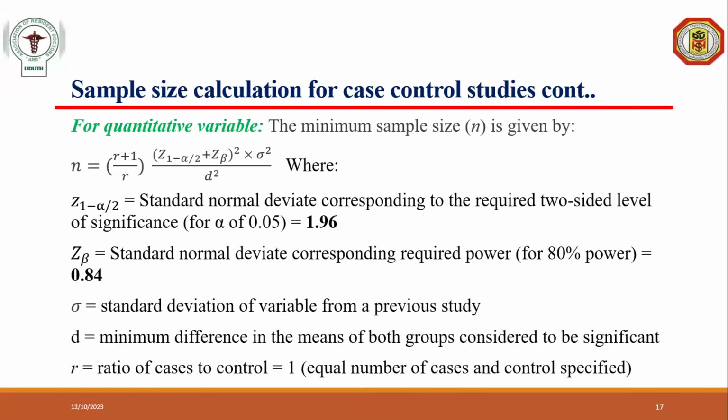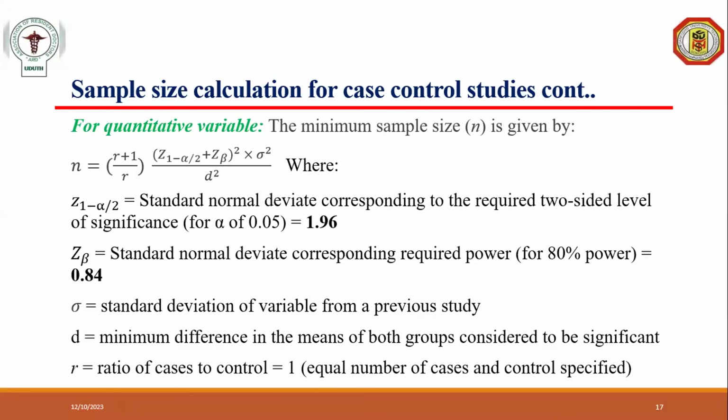Then if the outcome is quantitative, this is the formula for case control study. N is equal to (R plus 1) over R times (Z alpha plus Z beta) squared times lambda squared, all over D squared. Z alpha and Z beta are the same as we have discussed earlier. Lambda is the standard deviation of the variable from a previous study.